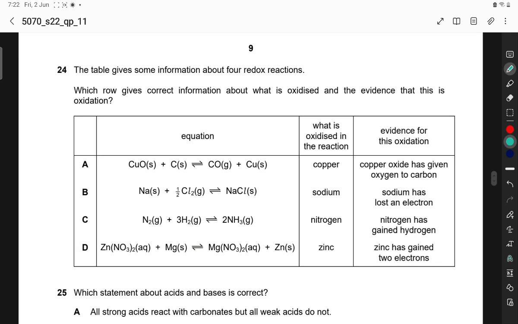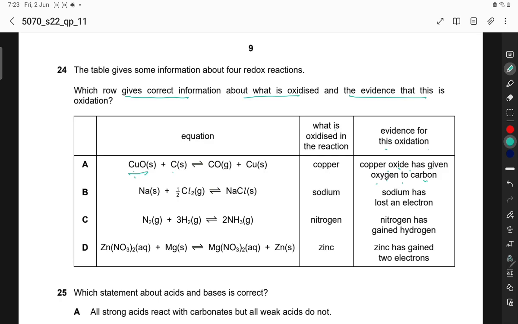The table gives some information about 4 redox reactions. Which row gives correct information about what is oxidized and the evidence that this is oxidation? Copper 2 oxide and carbon: copper is reduced, and copper oxide has given oxygen to carbon, so that's why copper is reduced.